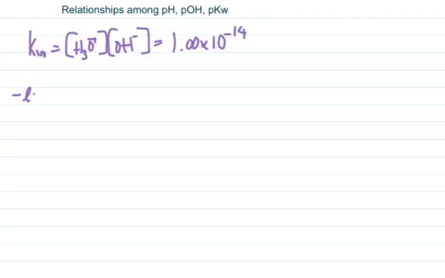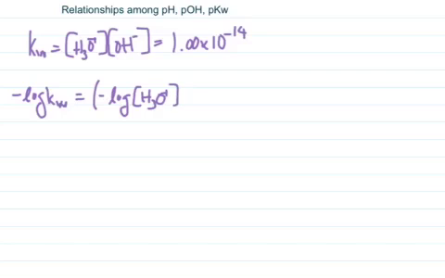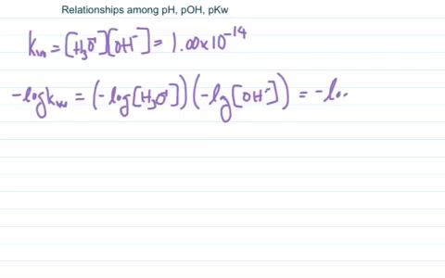So the negative log of Kw is equal to the negative log of hydronium times the negative log of hydroxide, which gives us the negative log of 1.00 times 10 to the minus 14th.